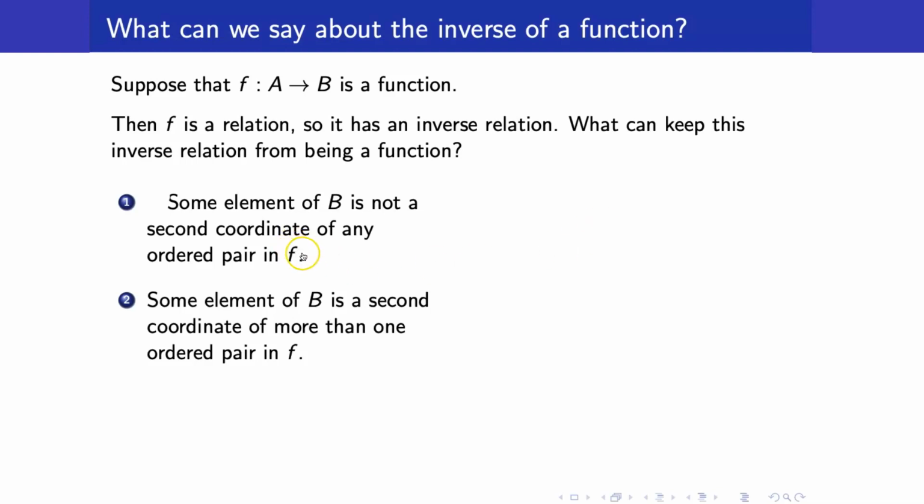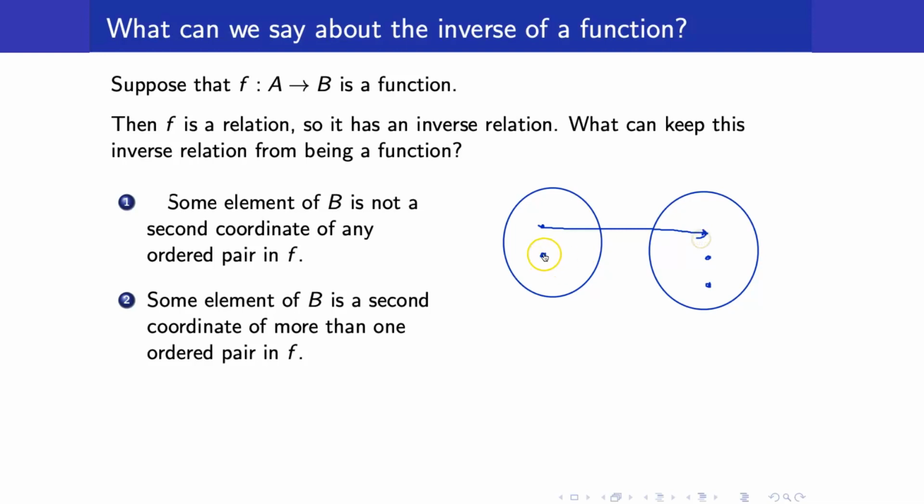Okay, first, what can happen is that if this is my A and B, we just know that f is a function, correct? So if f is a function, it's possible that you have, say, this goes to this and this goes to this.